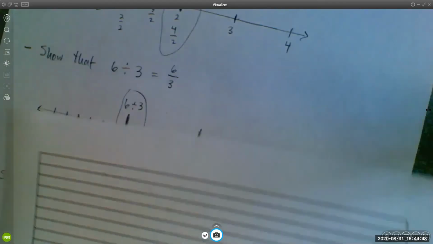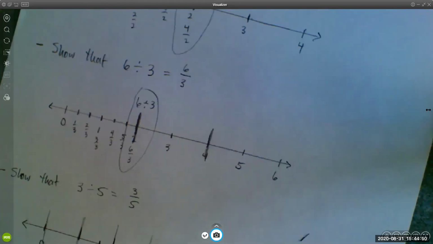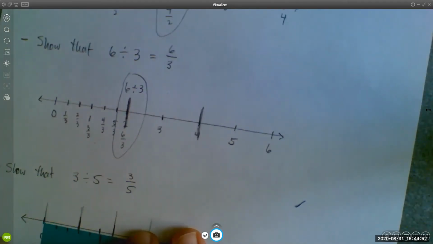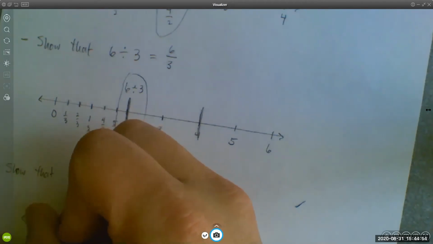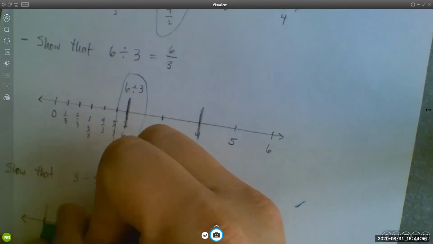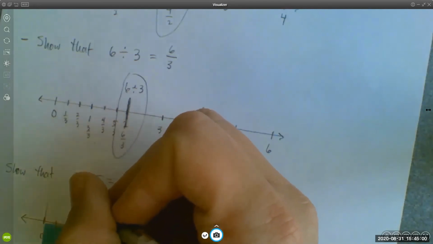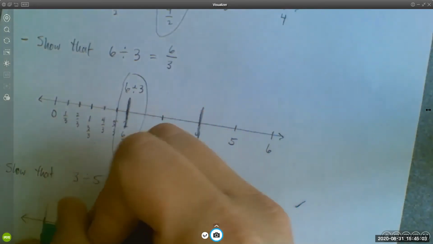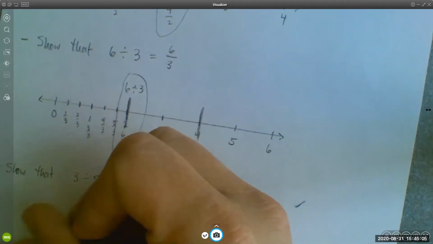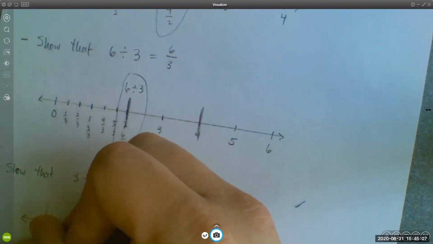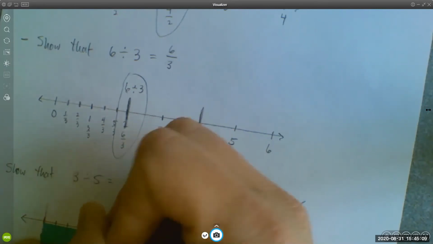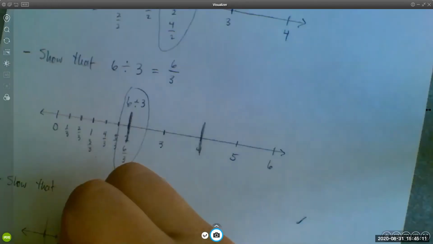All right. So now let's take it back here. We've got 1/3, 2/3, 3/3, sorry, thirds, 1/5, 2/5, 3/5, 4/5, and 5/5.